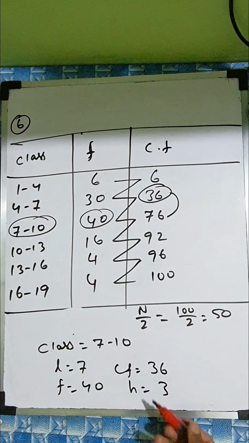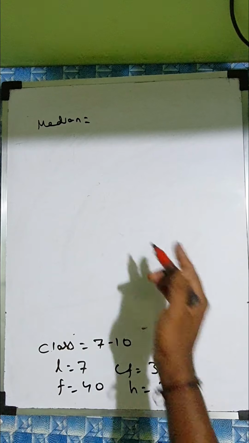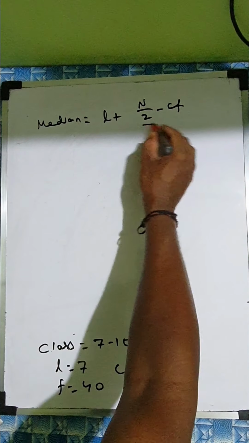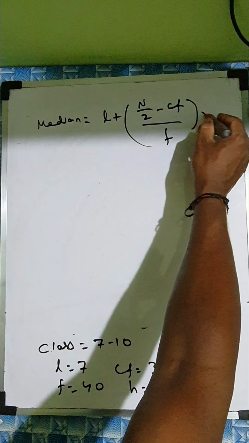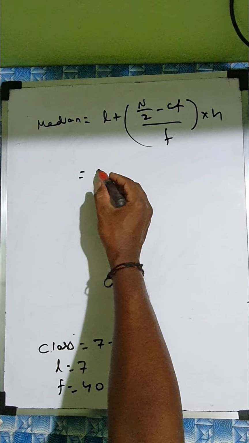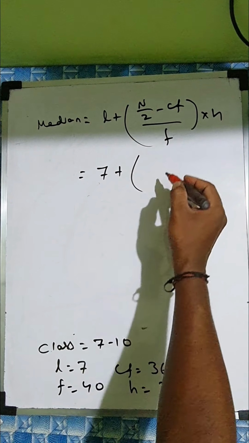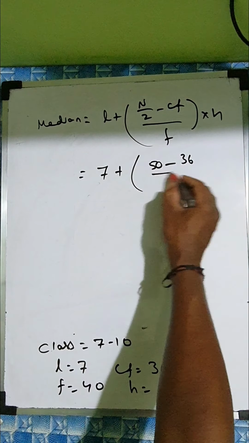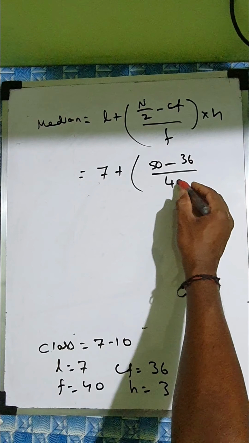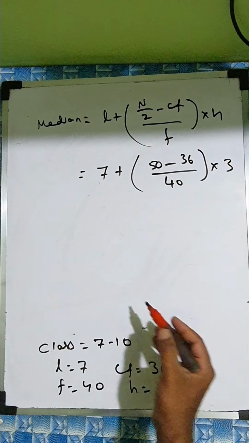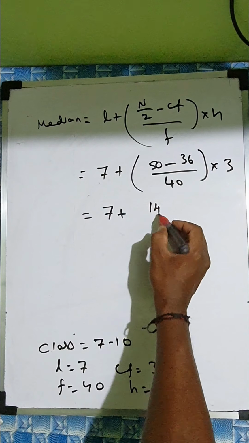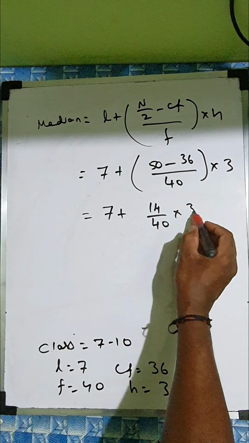Now we'll apply the formula and get the answer. Median equals L plus (N by 2 minus CF) by F into H. So L is 7 plus N by 2 is 50 minus CF is 36, by frequency 40, into H is 3. So 7 plus, subtracting, it's 14 by 40 into 3.